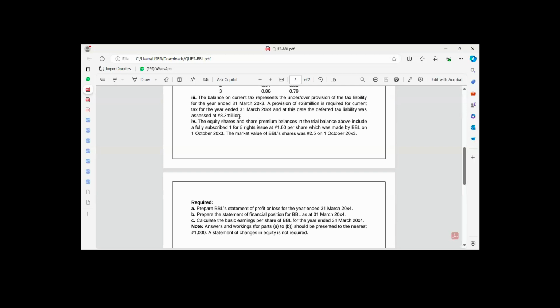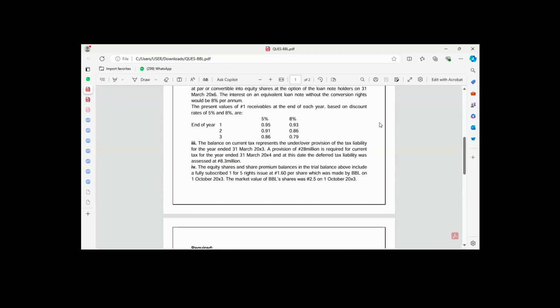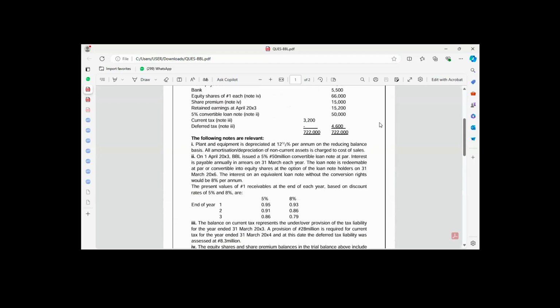I'll go to the trial balance to get the opening balance, to know whether it is a charge or credit. Deferred tax is always a credit balance. Opening balance, 1.6. I will compare it to the end.